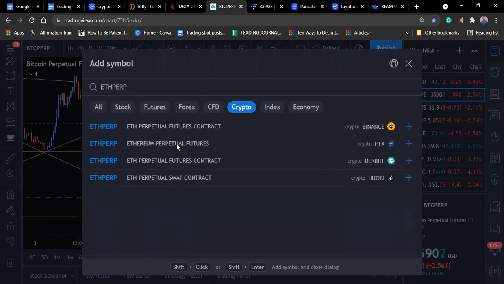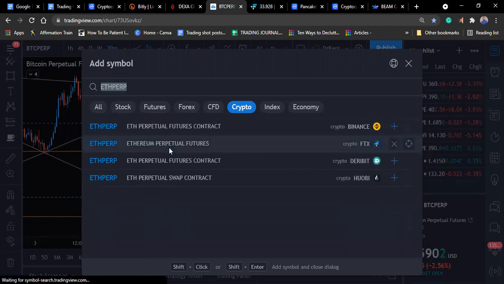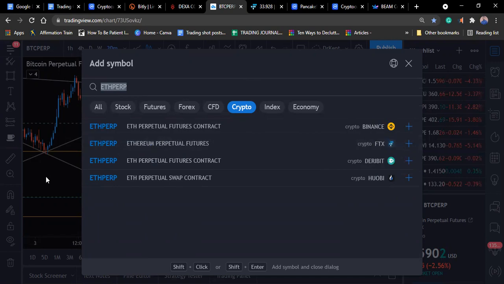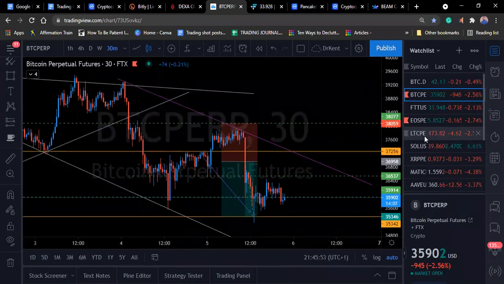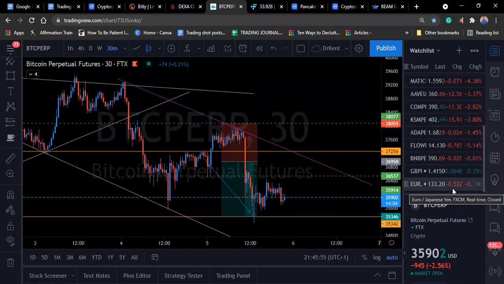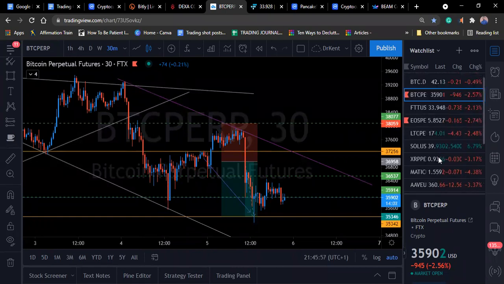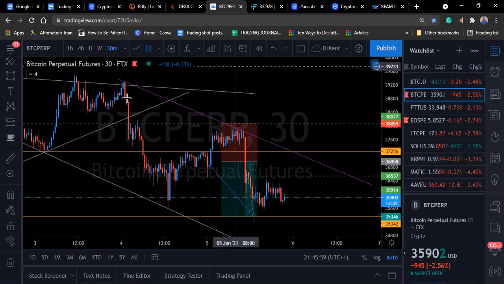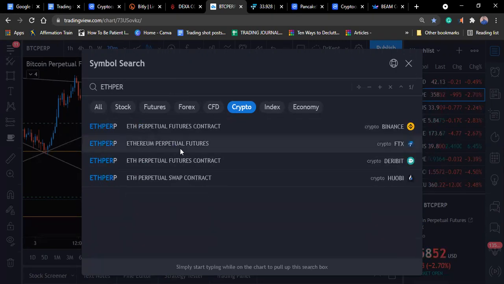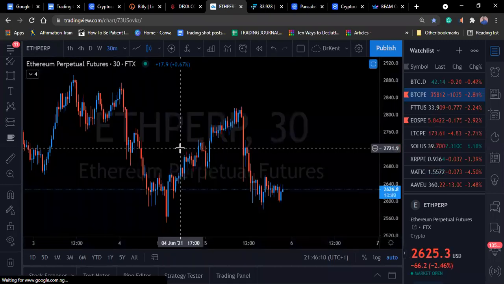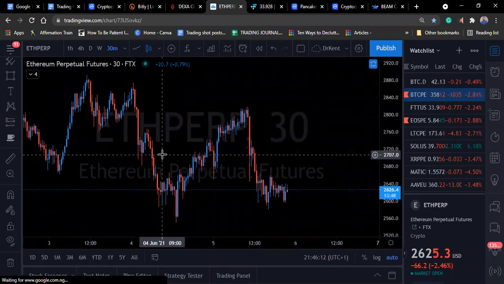I prefer to use FTX. That's the exchange I trade on the more. I actually think it's a better exchange than Binance. Search for ETH perpetual. Okay, this is the Ethereum chart now.